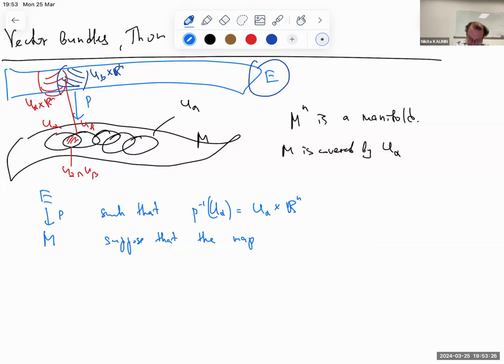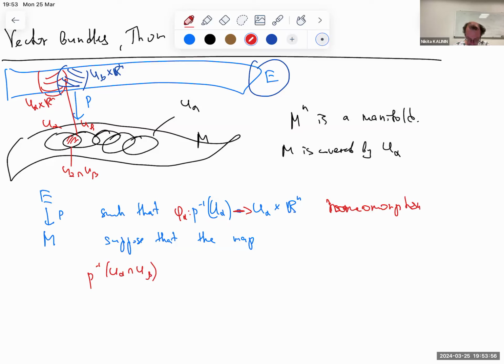Let's say these maps we call phi alpha, a map to here, an isomorphism, or homeomorphism. Now we consider the part of E over the intersection of U alpha and U beta.